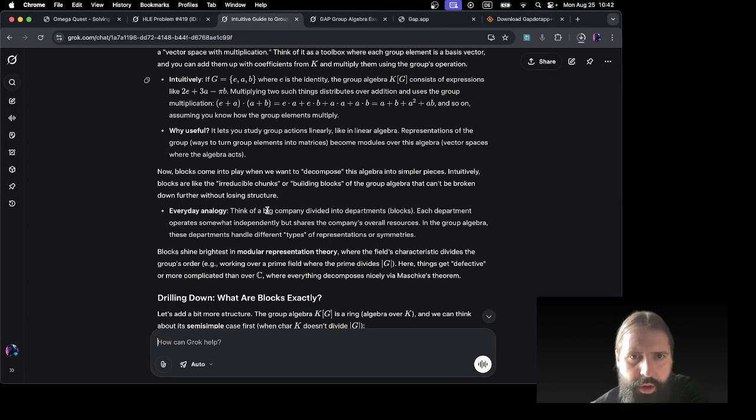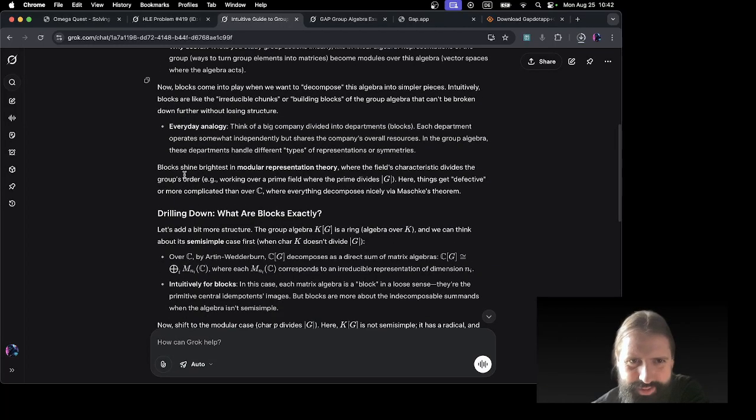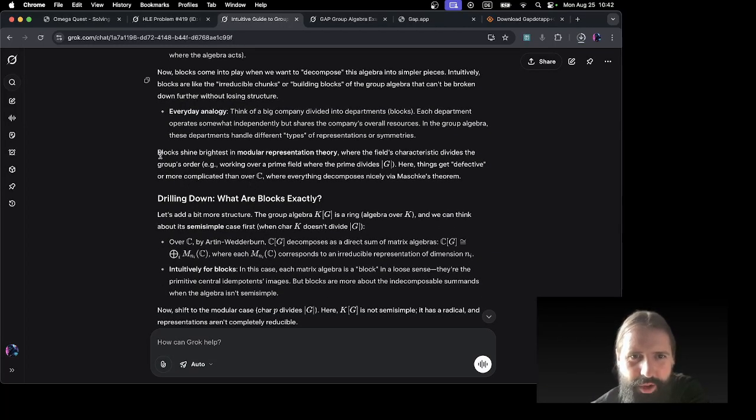Now blocks come into play when you want to decompose this algebra into simpler pieces. Intuitively, blocks are like the irreducible building blocks of the group's algebra that can't be broken down further. Yeah, okay, we don't need the everyday analogy, that's a little too much sugar coating. Blocks shine brightest in modular representation theory, where the field's characteristic divides the group's order.